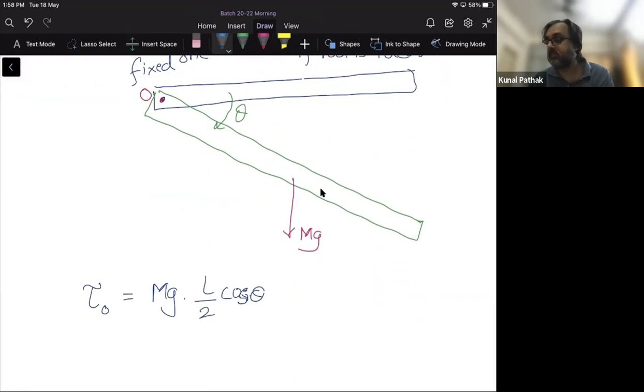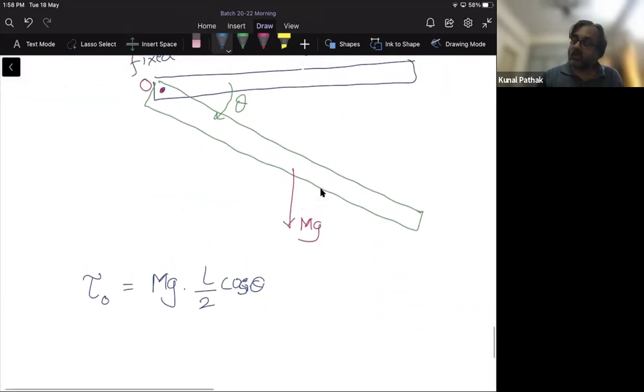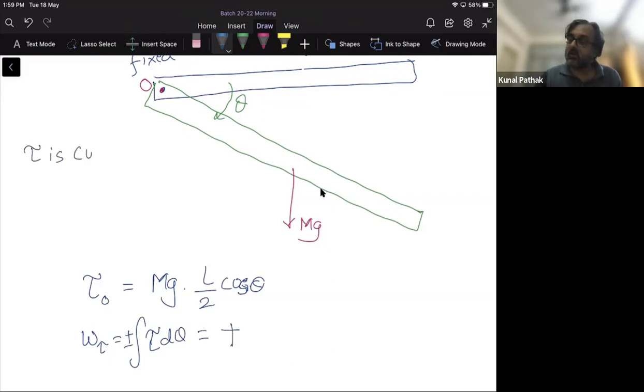Right? And we know now that the work done by this torque is equal to integral of this torque d theta. Right? But first we need to decide whether it is plus or minus. So in this case, the work done will be plus, because the torque is clockwise and theta is clockwise.